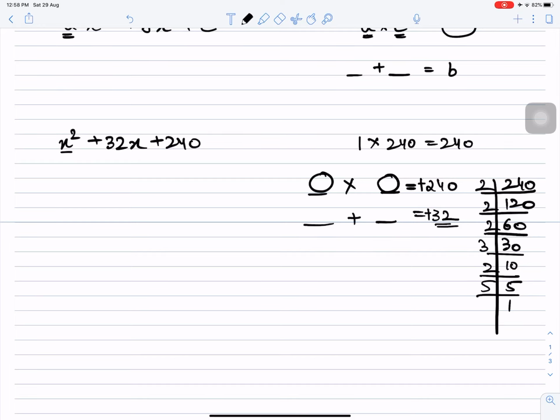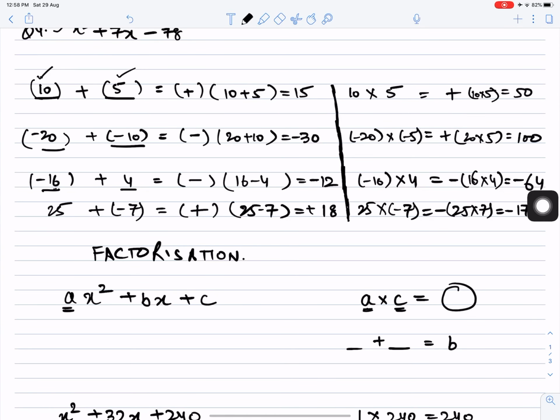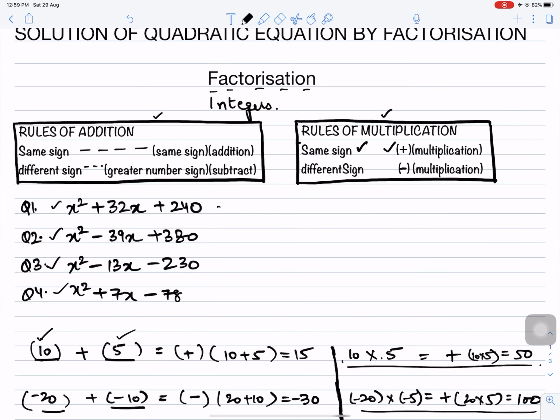So in the multiplication rule, check when we get the positive sign. Either both numbers have negative signs or both have positive signs, meaning the same sign gives positive.